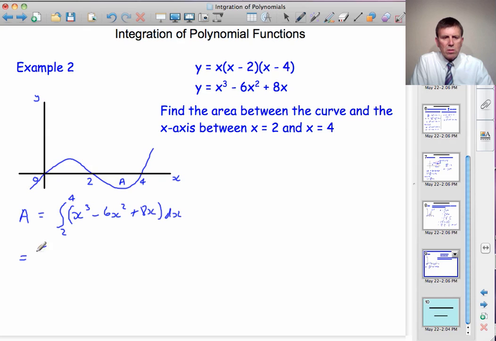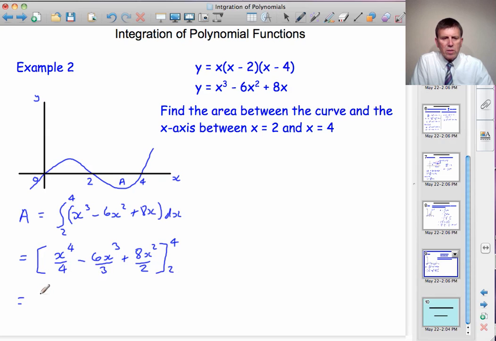Square box for when we integrate. x cubed integrated is x to the power 4 over 4. And then we've got minus 6x cubed divided by the new power 3, plus 8x squared divided by 2. And again, we don't bother with the constant of integration because it would be subtracted from itself. And that's between 4 and 2.